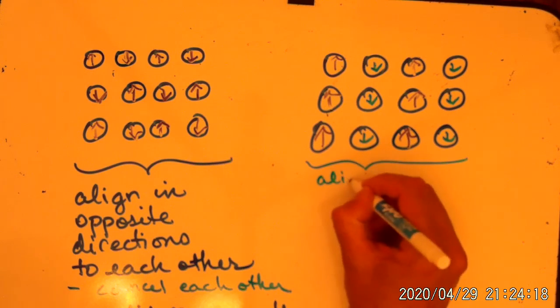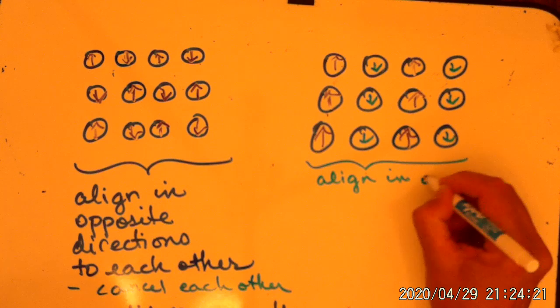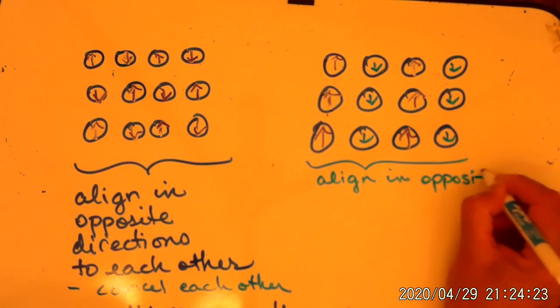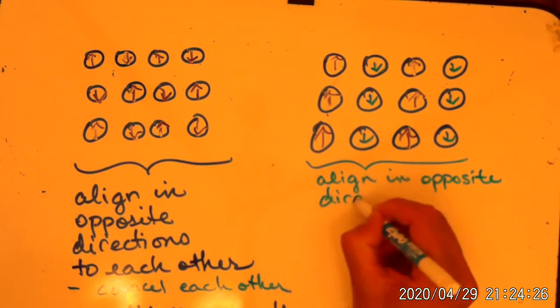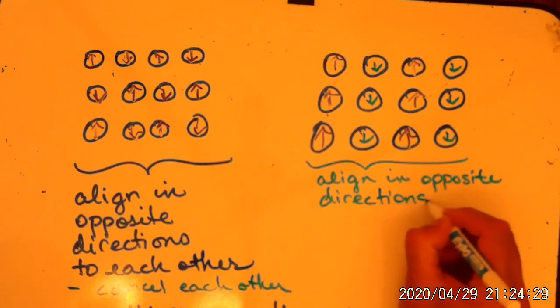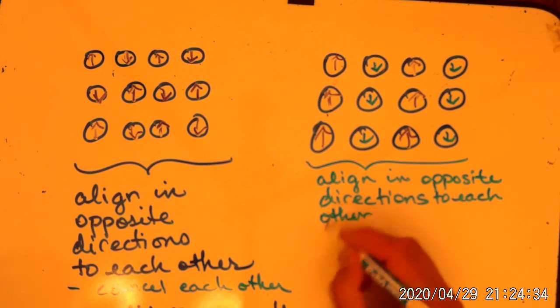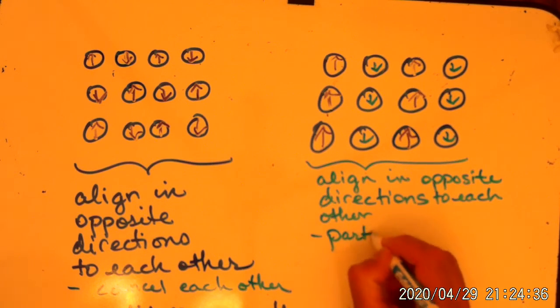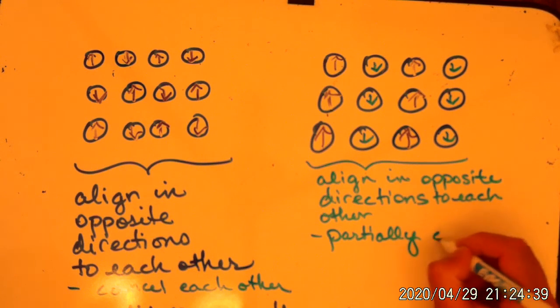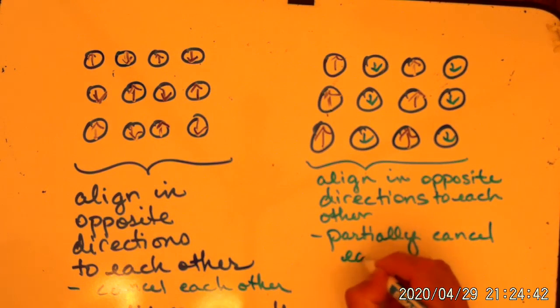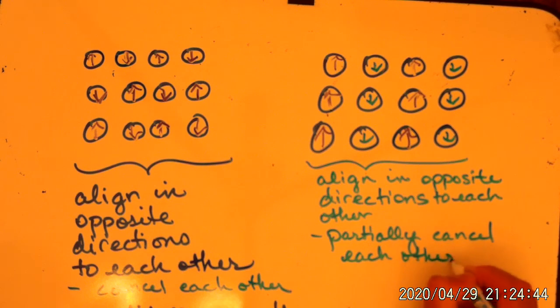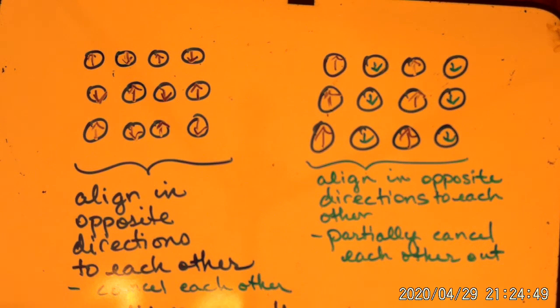They align in opposite directions to each other, but they only partially cancel each other out. Then this substance is said to be ferri, with an I, magnetic.